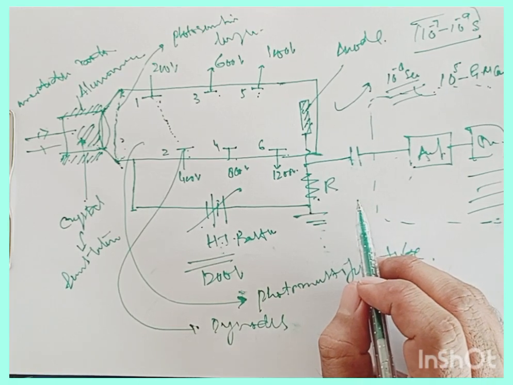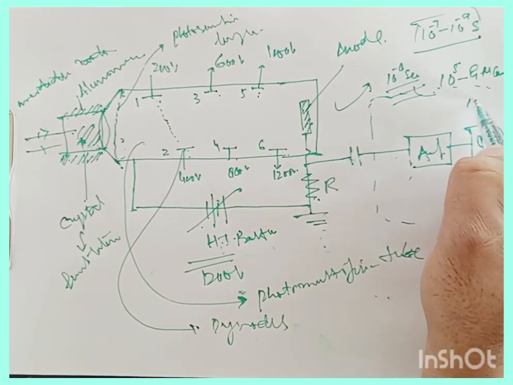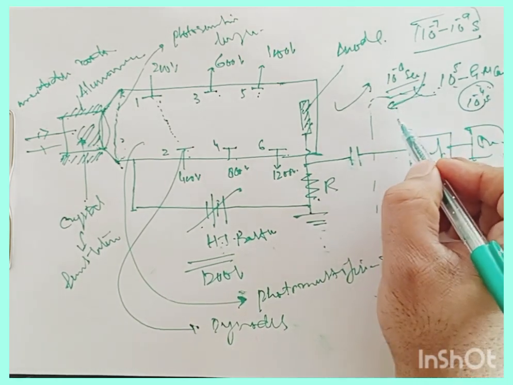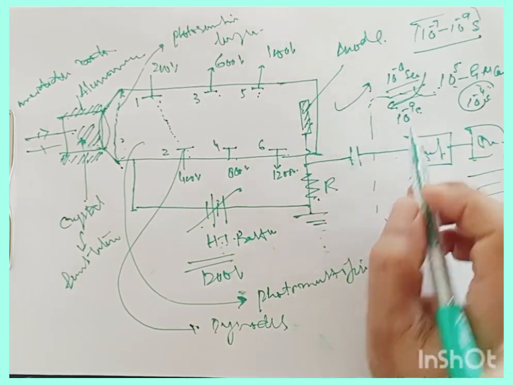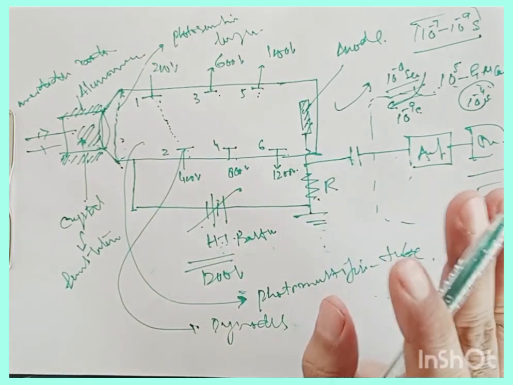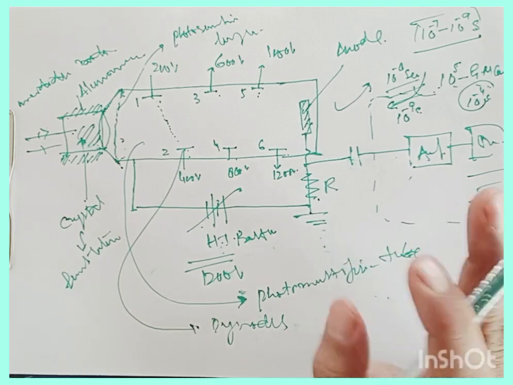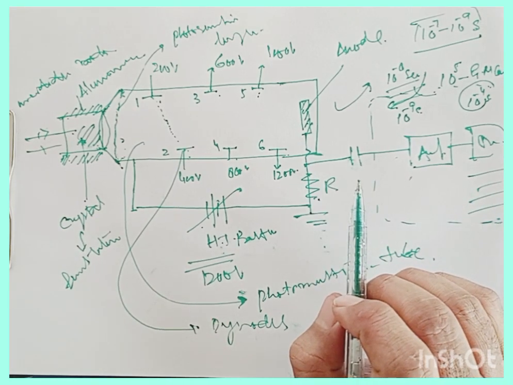And the resolving time for a GM counter is only 10 to the power of minus 4 seconds. And here we have, for the best scintillation, 10 to the power of minus 9 seconds. So we can see here that the scintillation counter is proven to be better than the GM counter, which has a resolving time of only 10 to the power of minus 4 seconds.